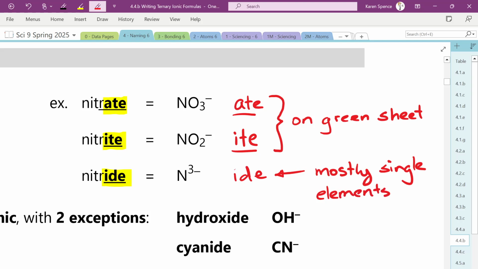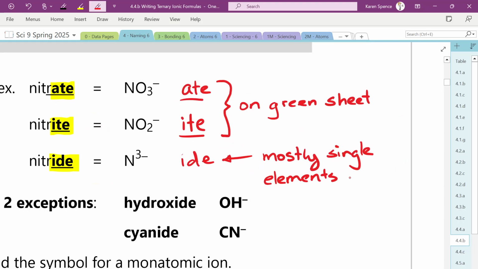Which means you're going to find them on the periodic table. There are a couple of exceptions.